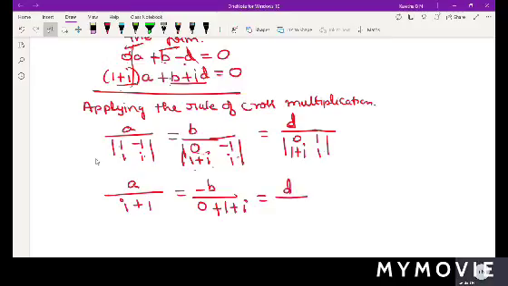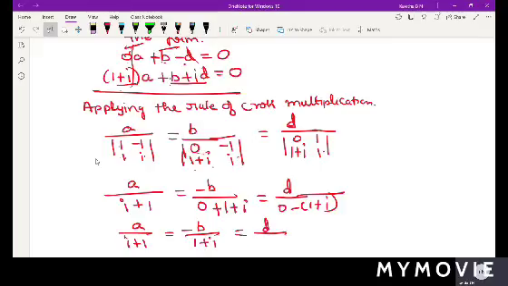Then for d: 0 into 1 is 0, then minus 1 into 1 plus i. Then a by i plus 1 is equal to minus b by 1 plus i, and d is equal to d by minus 1 plus i.